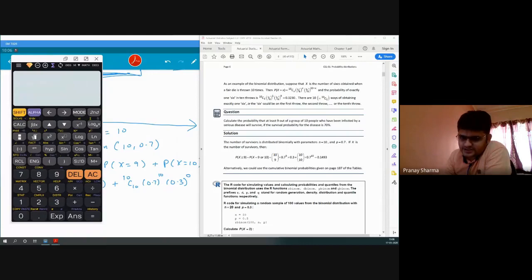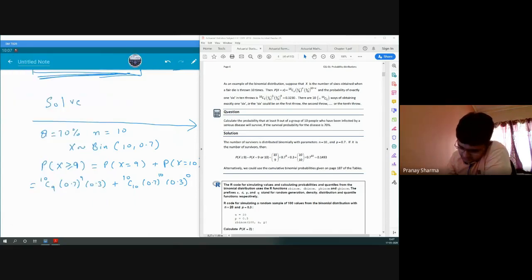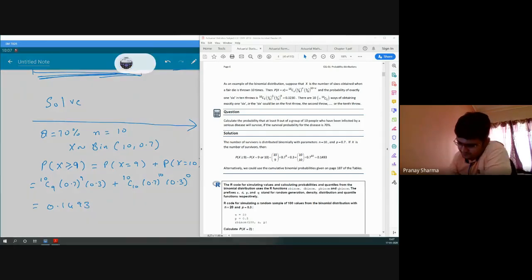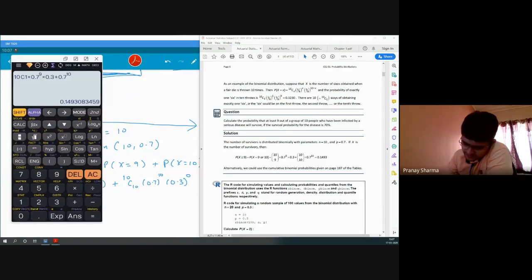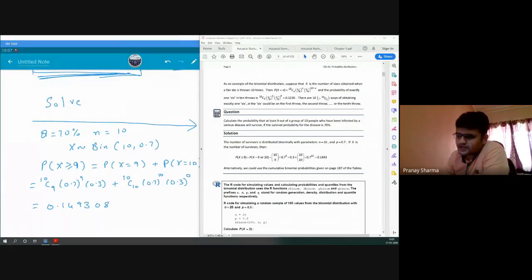Actually 10C9 is 10, because nC1 is equal to n, or you can just use your calculator. So we have 0.149308. So this becomes our answer.